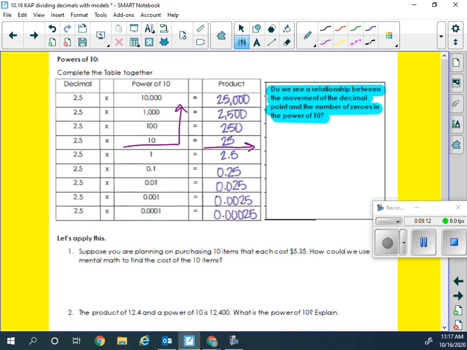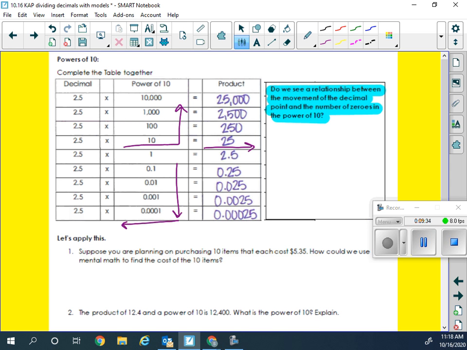But on all of these, it was moving to the left. That's one good thing. There's another thing: every time, no matter how many zeros are on 10, 100, 1,000, yeah, that's what I was looking for.